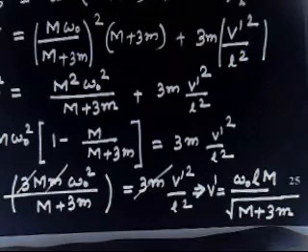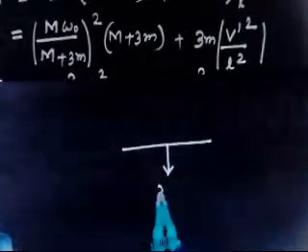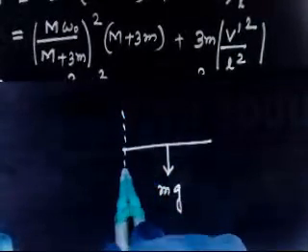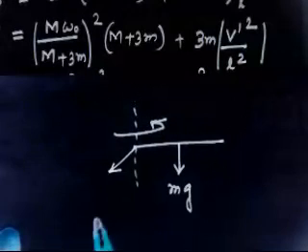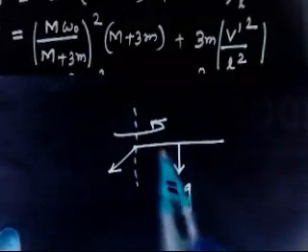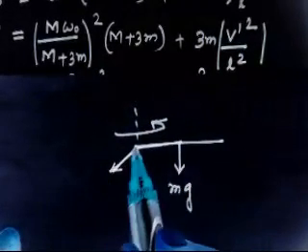Somebody can say mg will also exert a torque. mg will have a torque, but that torque will come in this direction. Let us say mg into this distance, and this torque will come in this direction.